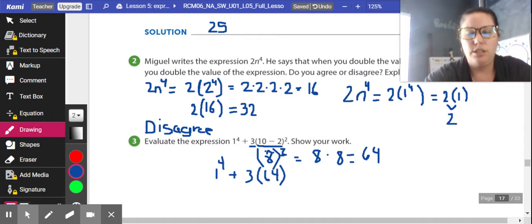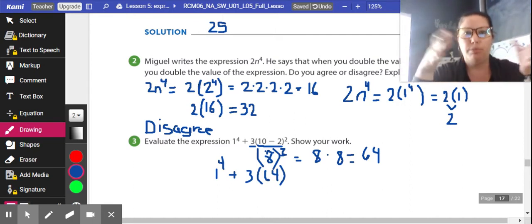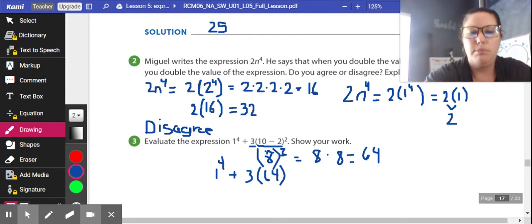PEMDAS tells us to do exponents before multiplication. Because they're separated by the plus sign, it really doesn't matter which one we do first, but let's do exponents first. So 1 times 1 times 1 times 1. That's super simple. It's 1 plus, and now we can do 3 times 64.